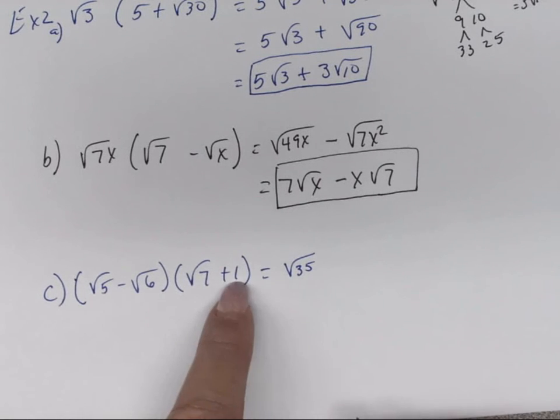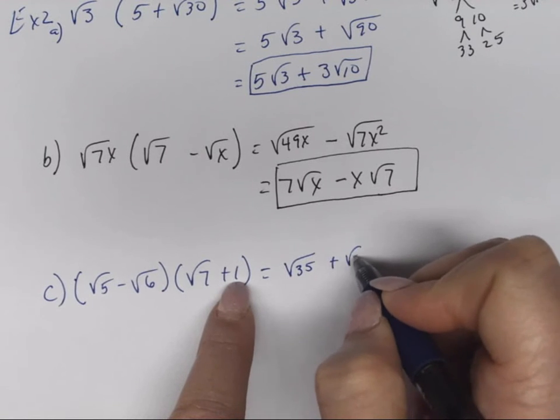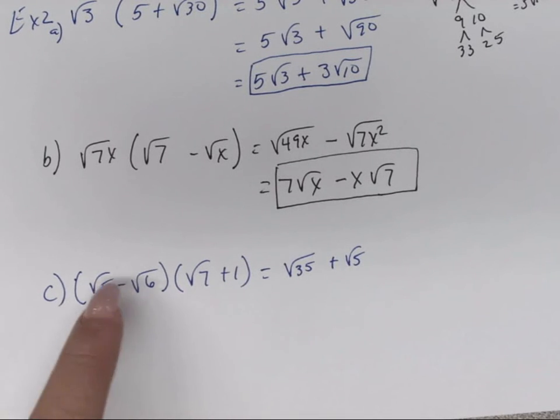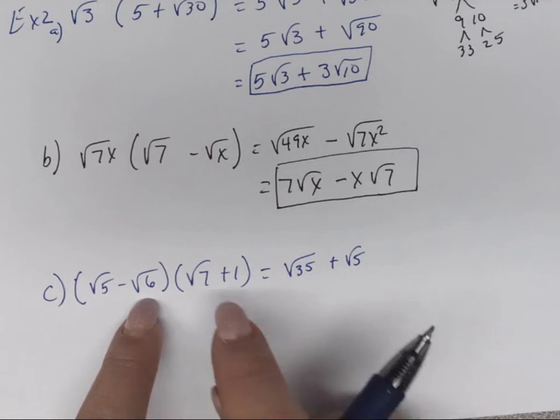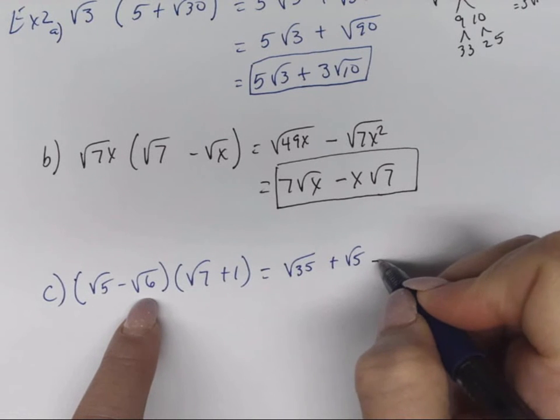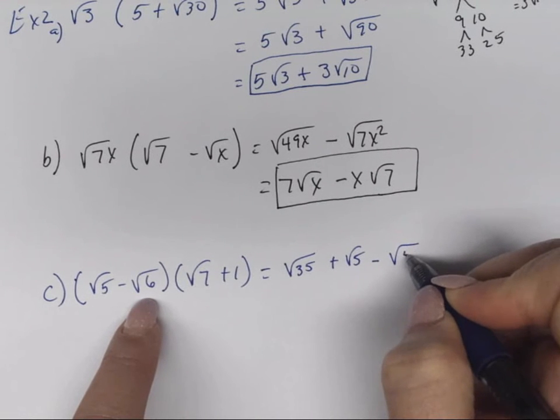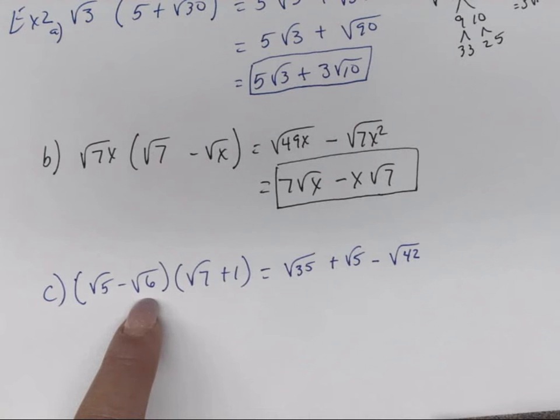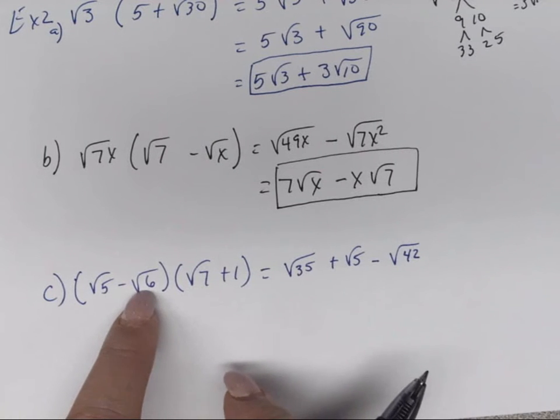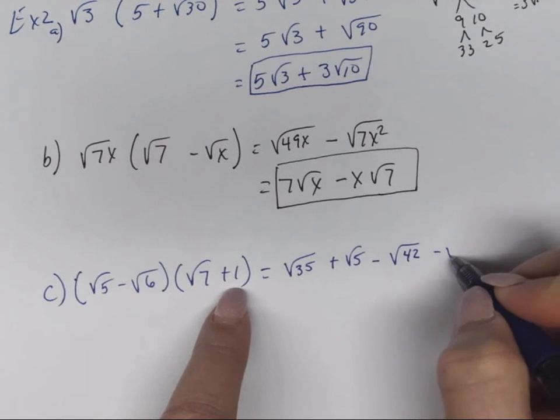Square root of 5 times 1 would be square root of 5. Square root of 6 times square root of 7, so that'll be minus the square root of 42. And then the square root of 6 times 1 would be square root of 6.